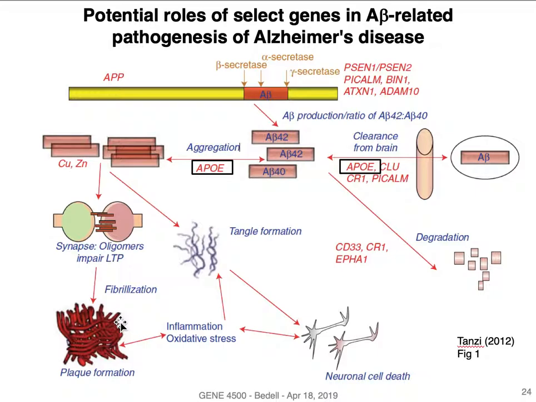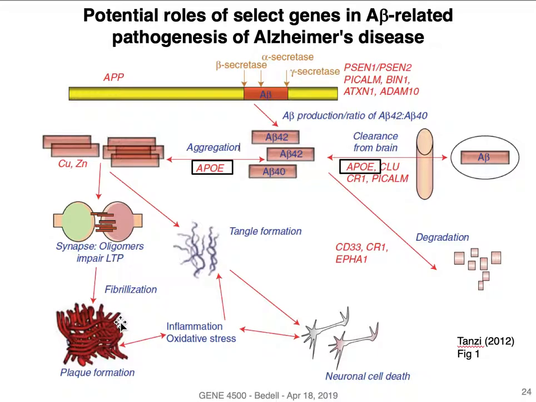Okay. But there is amyloid precursor protein. There are the positions of the cleavage sites in it. This is where we're getting A beta 42 and A beta 40. Remember, there's something about that ratio of 42 to 40 that's significant. But what ApoE does is somehow it's contributing to the normal aggregation of these things, okay?